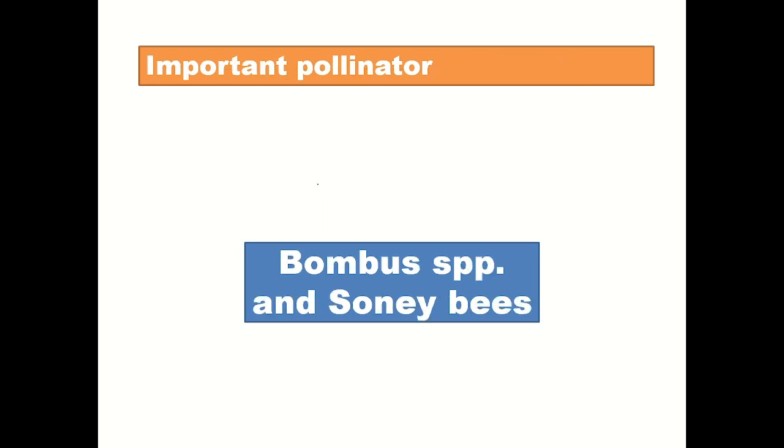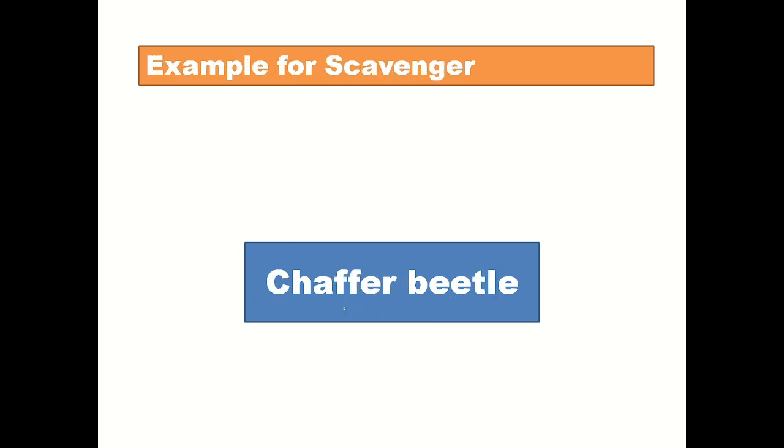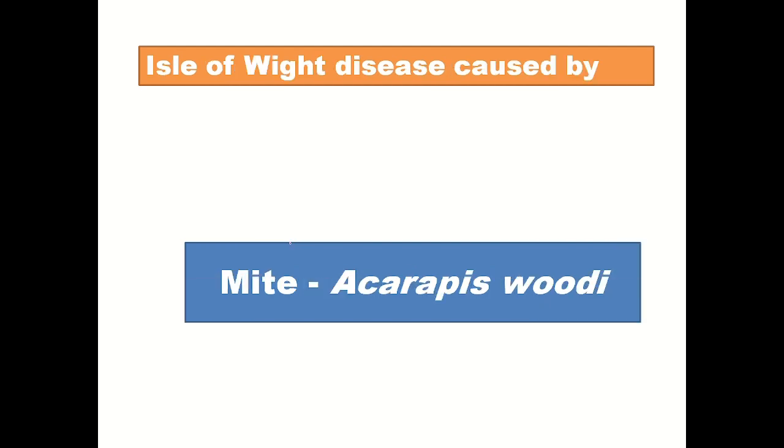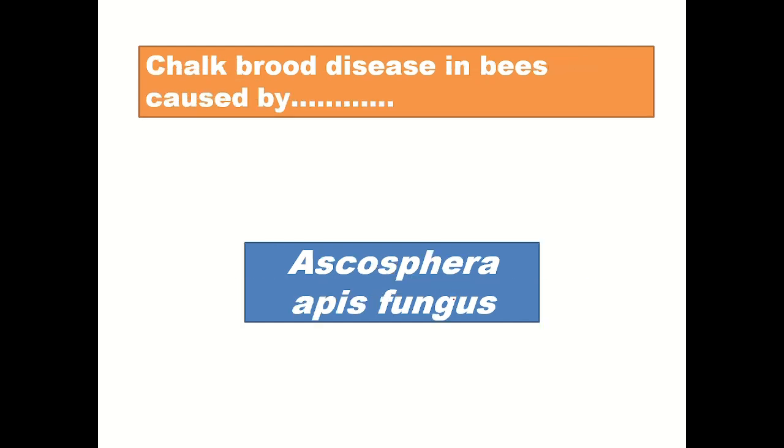Important pollinators are Bombus species and honeybees. Example for scavenger is sexton beetle. Acarine disease is caused by the mite Acarapis woodi. Chalkbrood disease in bees is caused by Ascosphaera apis fungus.